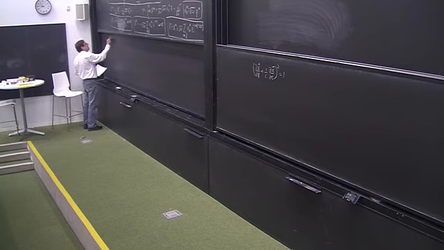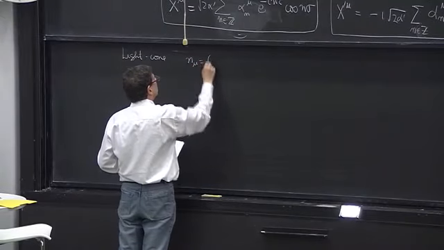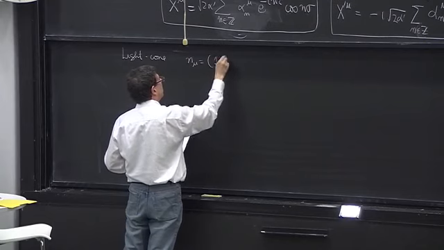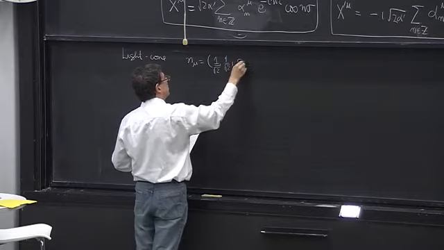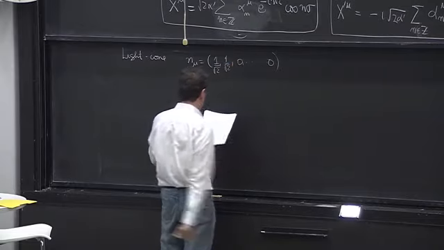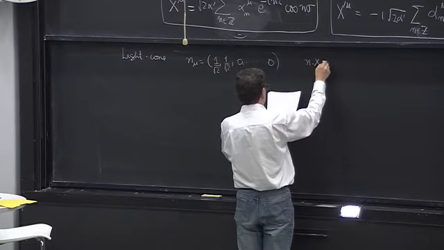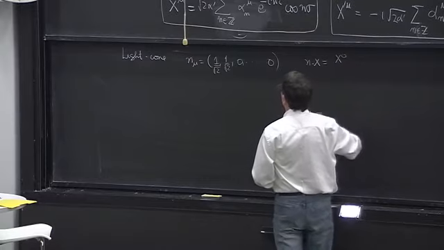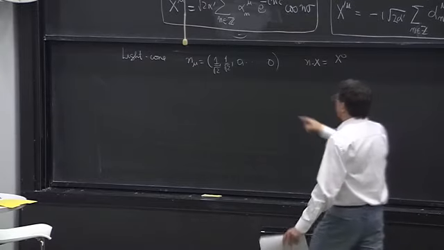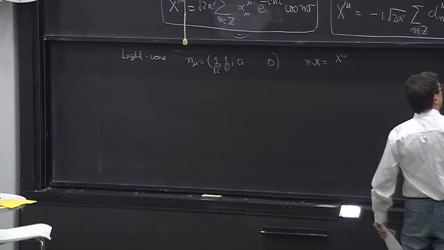So, light cone. This time for light cone, we're going to choose the vector n to be 1 over square root of 2, 1 over square root of 2, 0, 0, 0, 0, 0, everywhere else. So n dot x is equal to x0. Look, the n mu is with the index down, so you don't get an extra minus sign. You have n mu x mu.